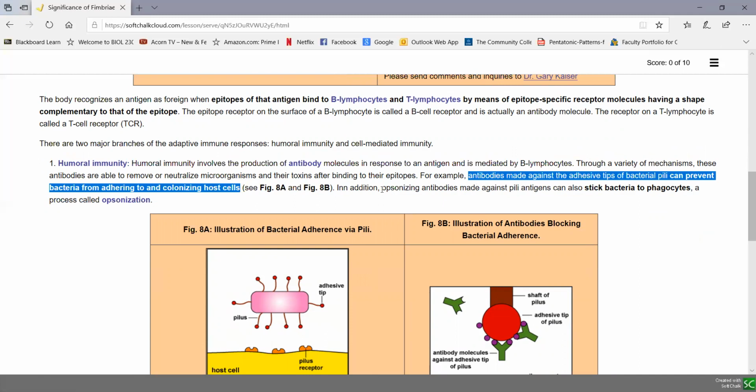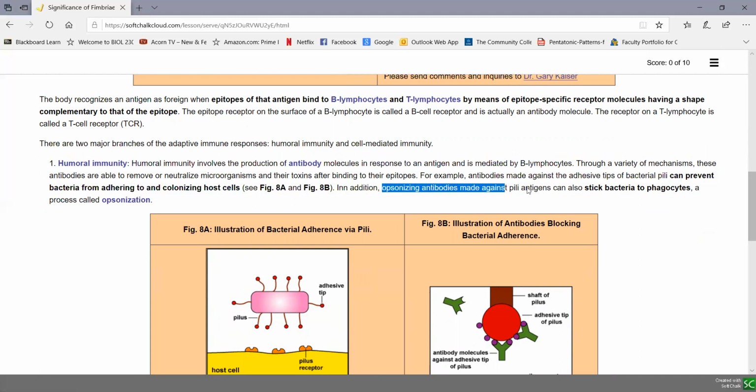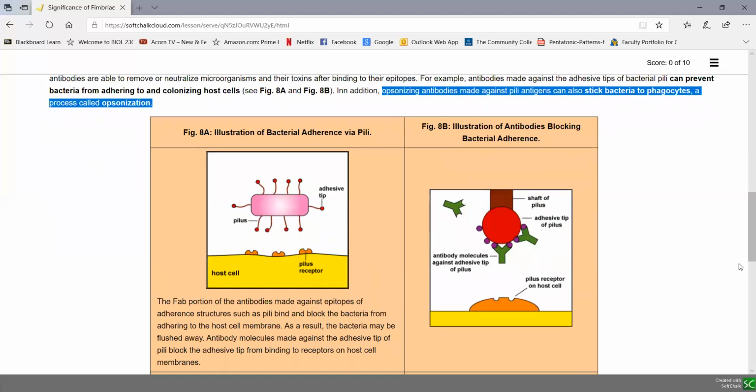Also, if opsonizing antibodies are made against pili antigens, they can then stick the bacterium to phagocytes via the pili through opsonization. So figure 8a and 8b show you how antibodies made against the adhesive tip may block the bacteria from attaching to host cells and thus allow them to be flushed away.